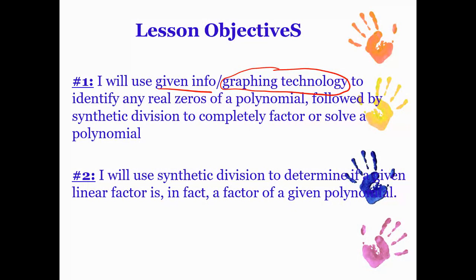If I didn't tell you that one of the real solutions is -3, your calculator could do that, in the same way you've generated zeros on your calculator, to identify any real zeros of the polynomial, followed by synthetic division to completely factor or solve a polynomial, right? So we looked at how we use it to factor, and then we also used it to determine if a given linear factor was indeed a factor of the given polynomial.